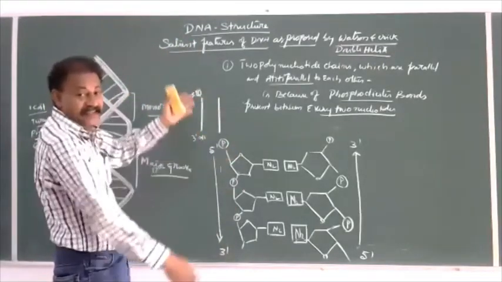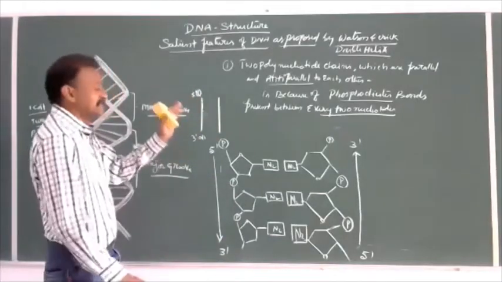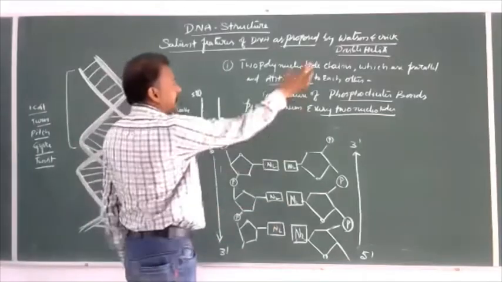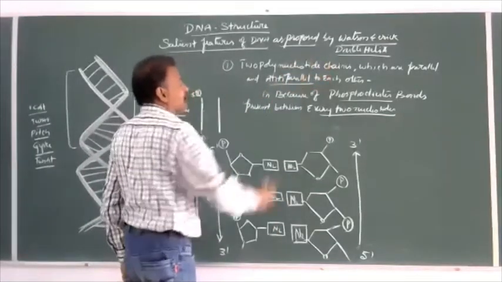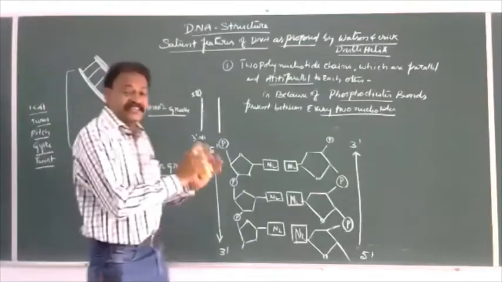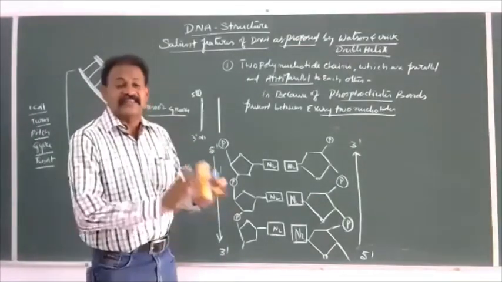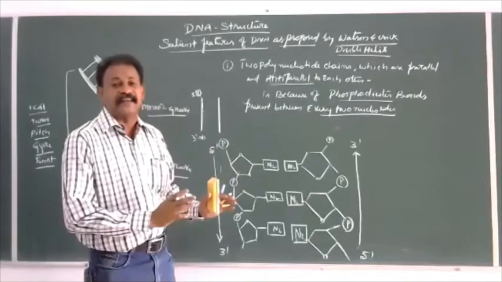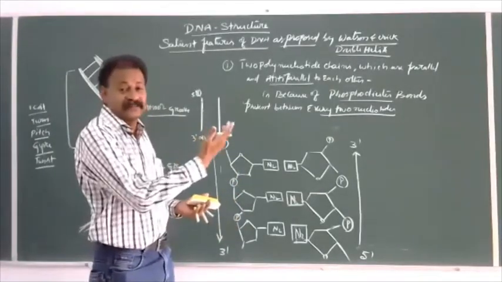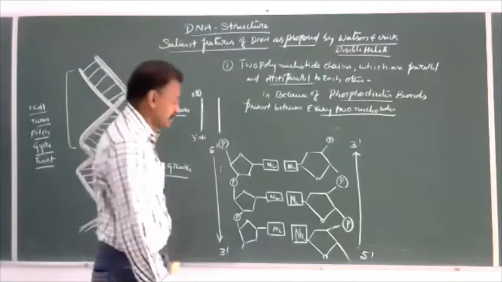This is called anti-parallelity. This anti-parallelity, observed and proposed by Watson and Crick, facilitates the DNA as genetic material to perform its function of transmission of traits from one generation to another generation.